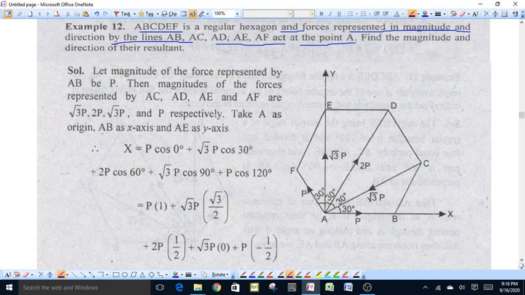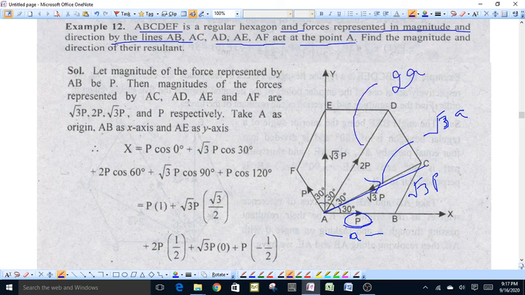This means if we take the magnitude of force along AB as P, then along AC the magnitude of force will be equal to √3P, because if the length of AB is equal to a, then the length of AC will be equal to √3a. We have already discussed the facts about the regular hexagon. Then AD will be equal to 2a, AE will be equal to √3a.